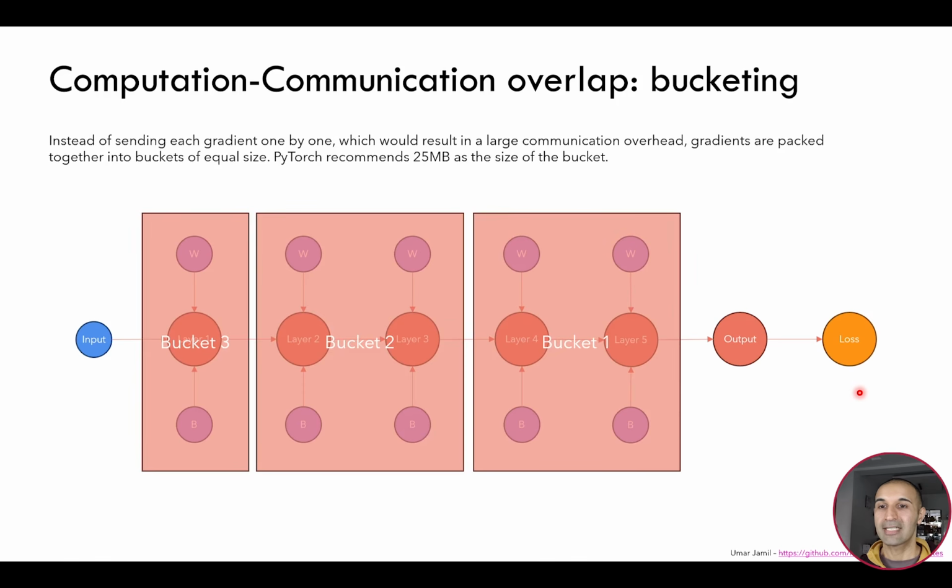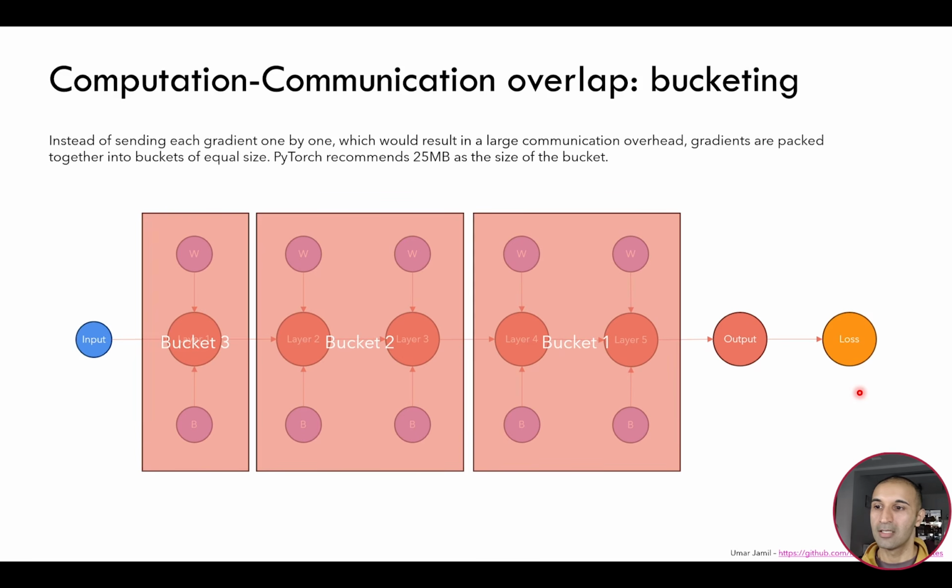And to make the communication even faster, instead of sending one gradient at a time, PyTorch will create buckets of gradients. So every time a bucket is available, it sends it to the other nodes and receives back the cumulative gradient for that bucket. Then after the second bucket is available, it will send the second bucket and receive back the cumulative. After the last bucket is available, it will send it to the other nodes and receive back.